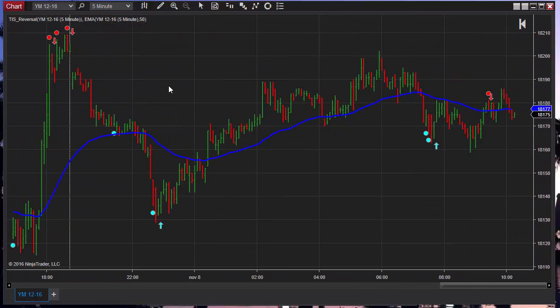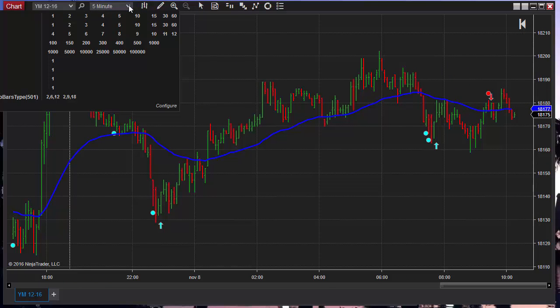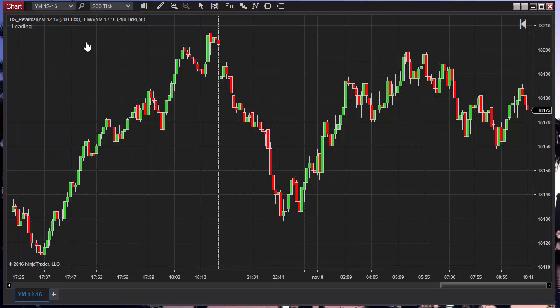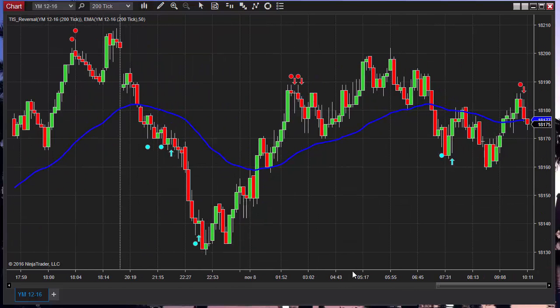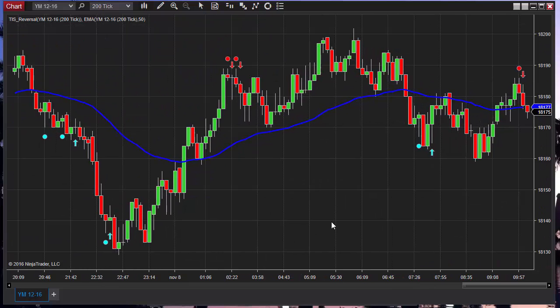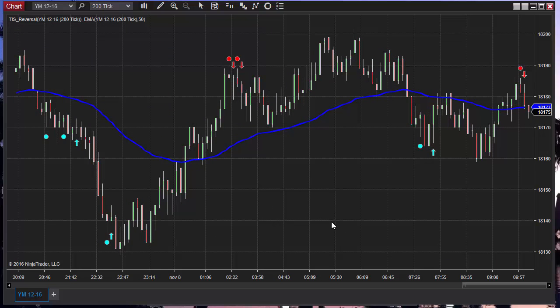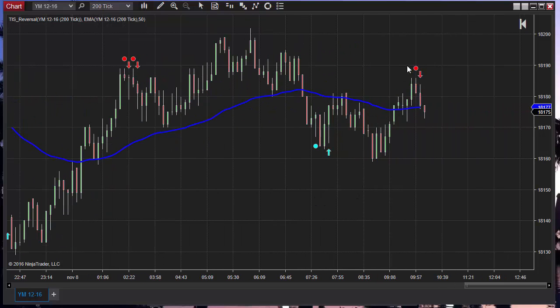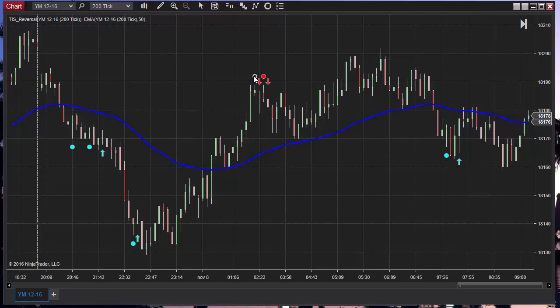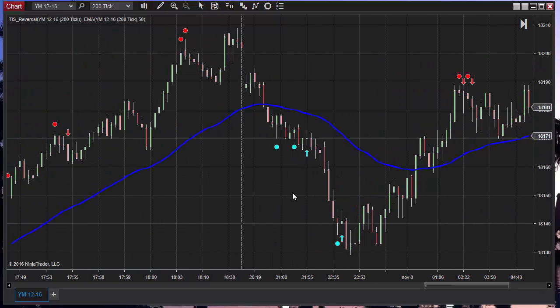So we only paint those tops and bottoms that are aligned with the slope of the moving average. On tick charts, it is a little better and easier to fine-tune. We have much better signals. We can ignore the RVO entries.